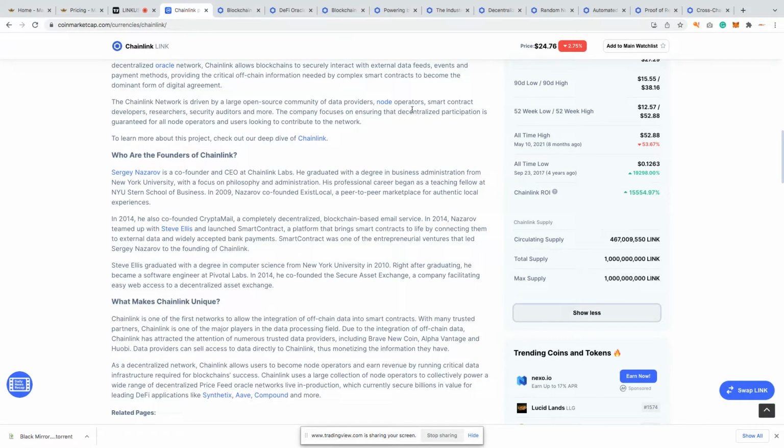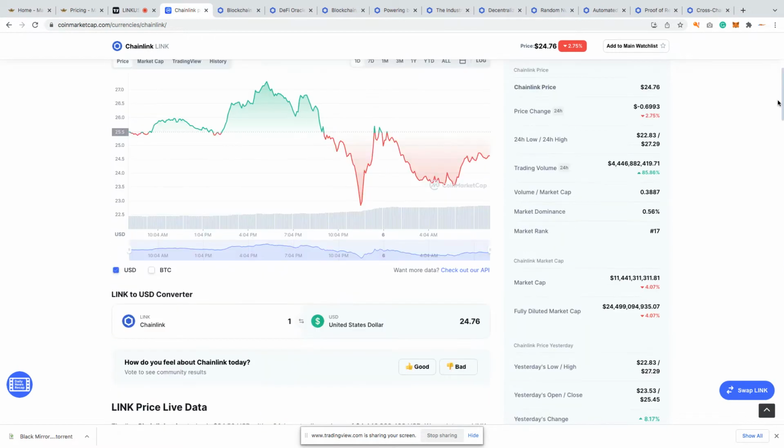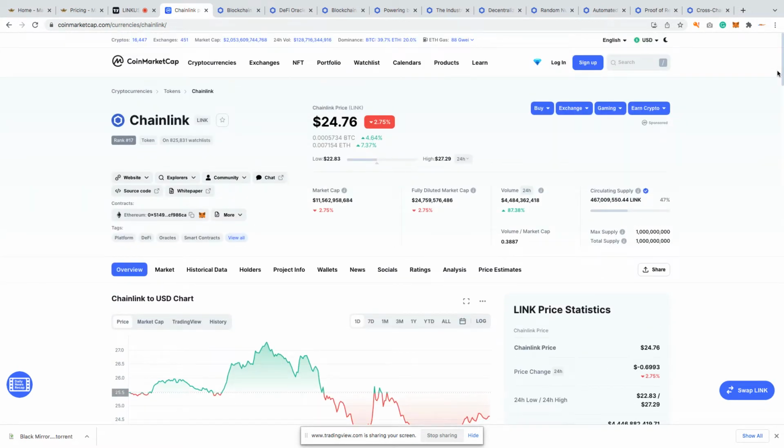Now, if we look closely again, we see that the all-time low, the lowest price this coin has ever hit, was around 4 years ago, September 2017, when it dropped to the price of 0.1263 cents. But with this detail being known, the total supply that this coin can ever have is 1 billion.